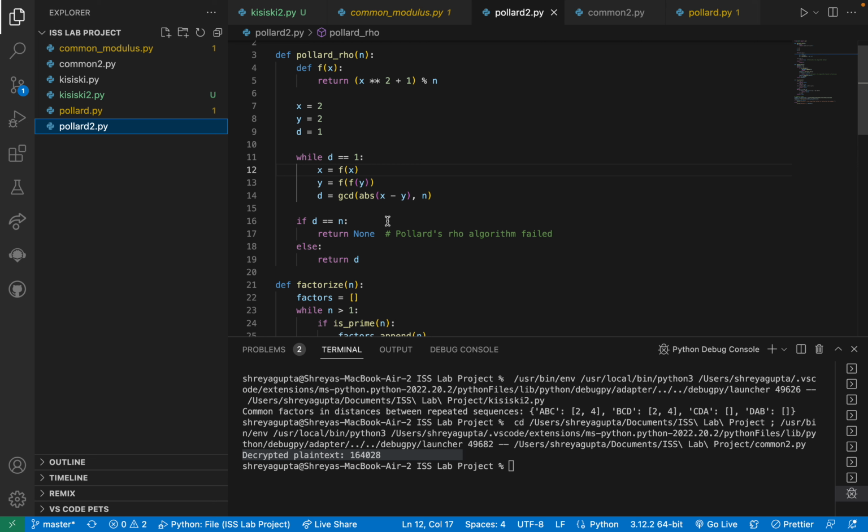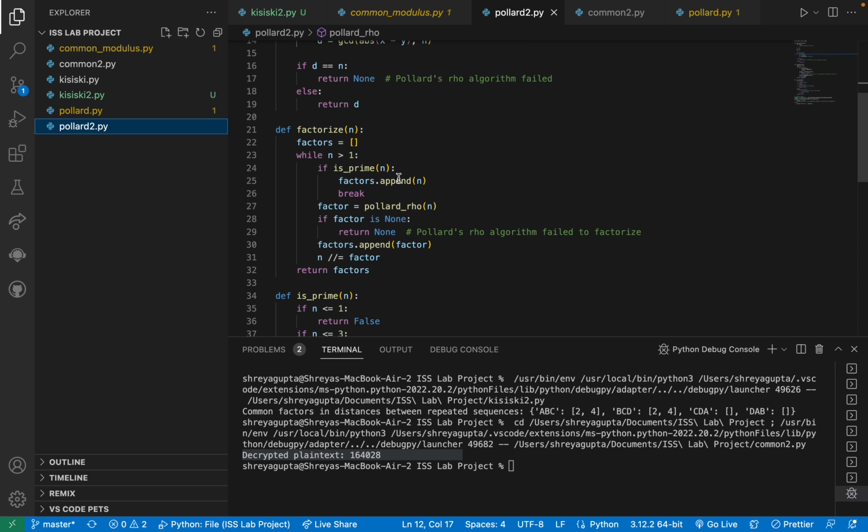If no factor is found after a certain number of iterations, the algorithm can be rerun with different random choices. While probabilistic, Pollard's rho algorithm is relatively efficient and adaptive for primality testing with high probability of correctness. But in some cases it is not preferred, as deterministic algorithms such as AKS primality testing or Miller-Rabin testing are generally preferred.